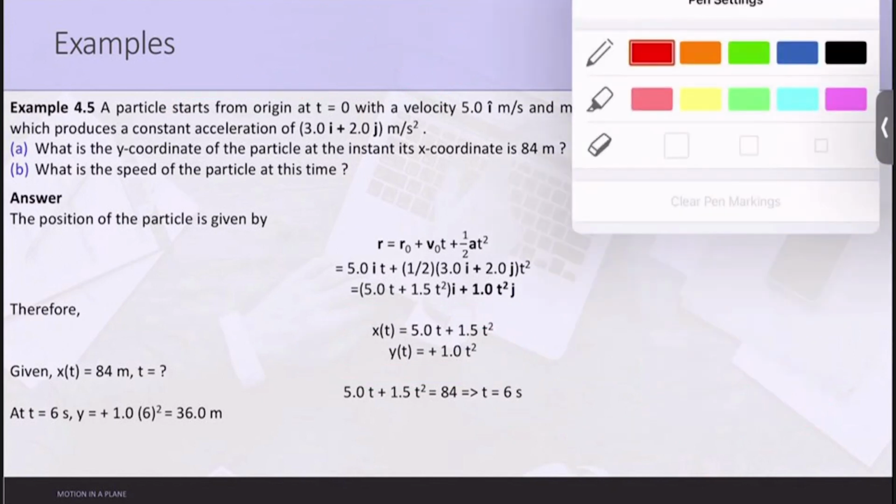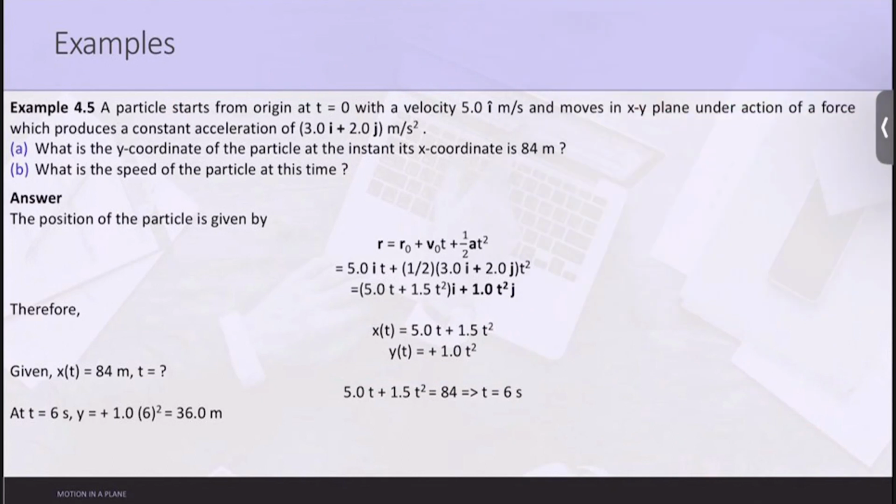Now let's move forward. We know that the x coordinate is 84 meters. It is given in the question, so we just need to calculate the time at which we got that coordinate to be 84 meters. So 84 is equal to 5t plus 1.5 t square.